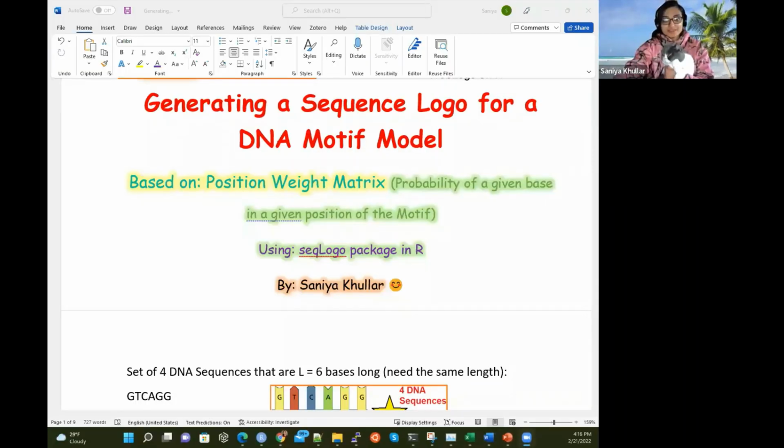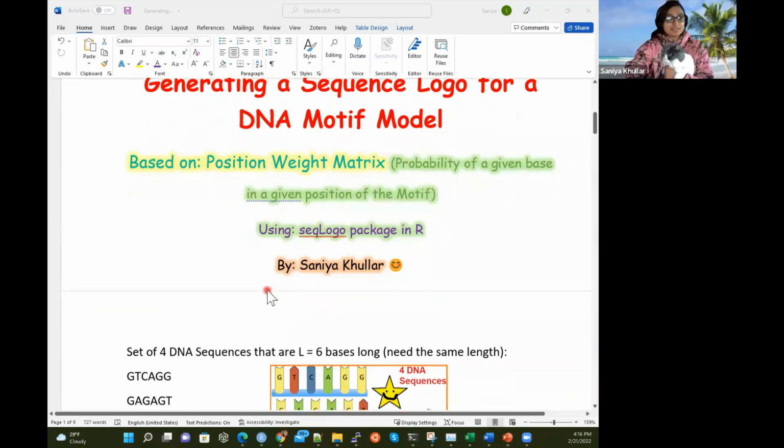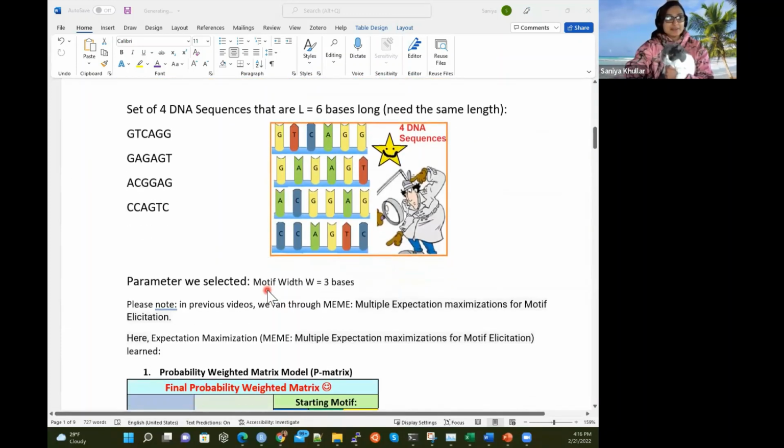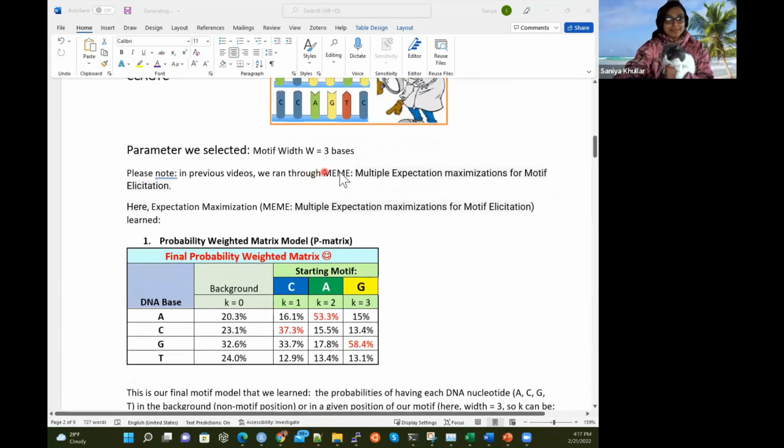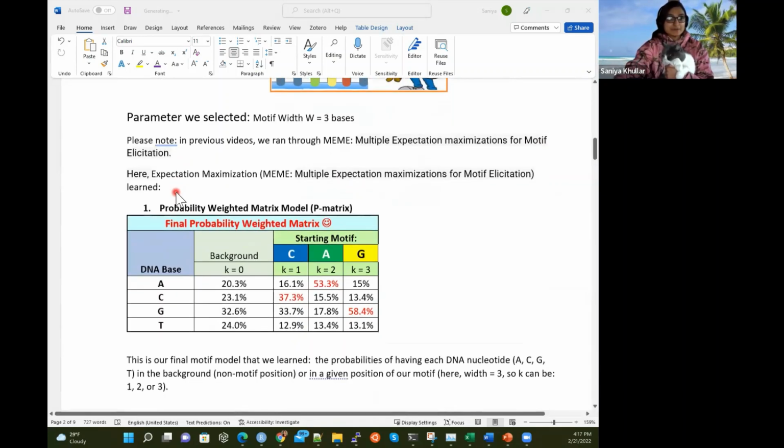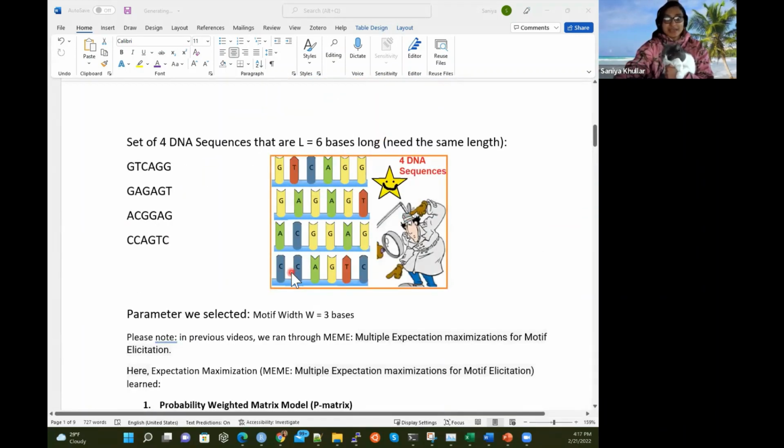So in a previous video, when I was talking about expectation maximization, I talked about how we have a set of 4 DNA sequences, each 6 bases long, so they have to be the same length. And we were looking for motifs with 3 bases here. We looked at MEME, the multiple expectation maximizations for motif elicitation. We ran this algorithm, and I have very detailed videos, so please do see the bio.